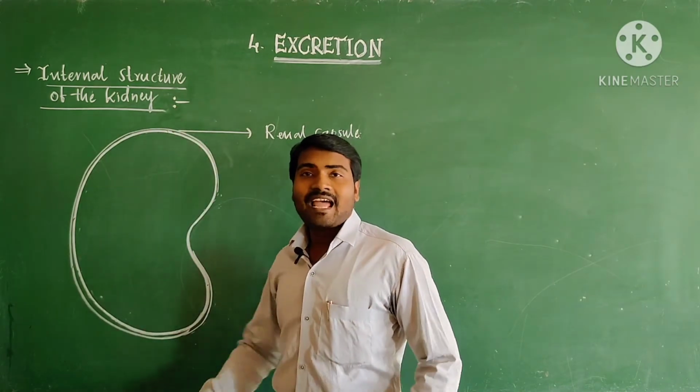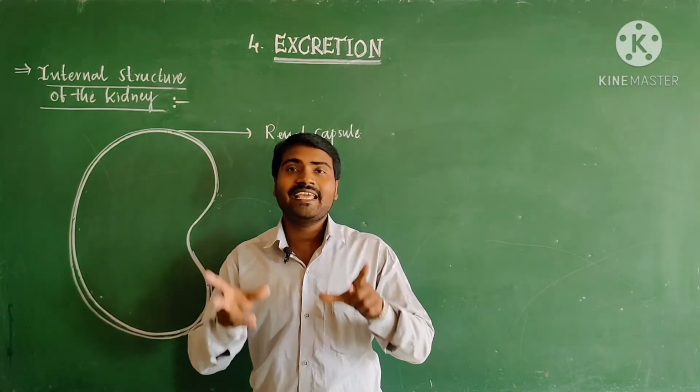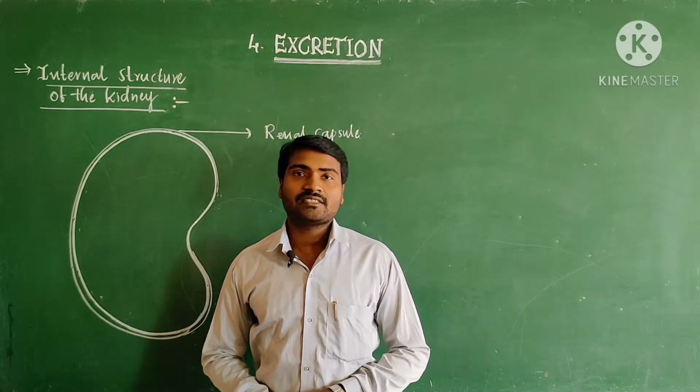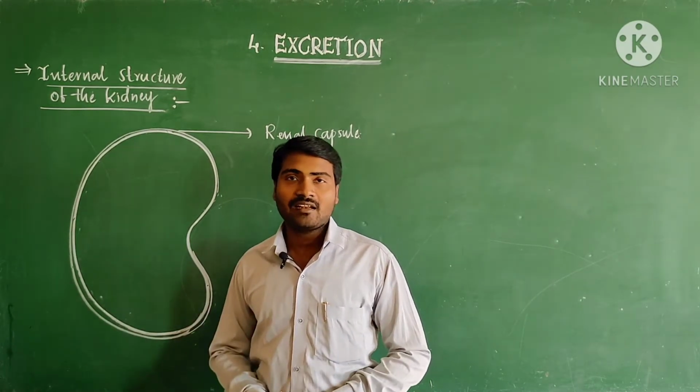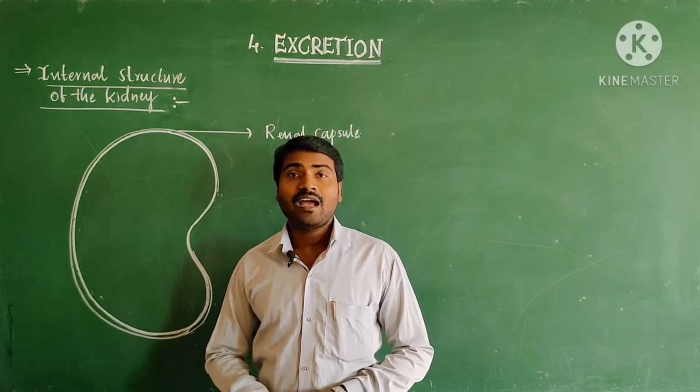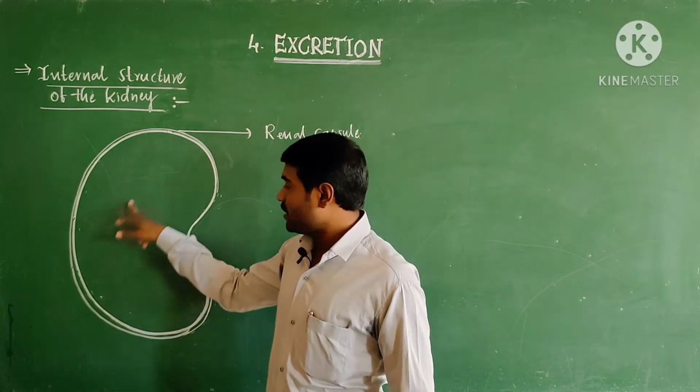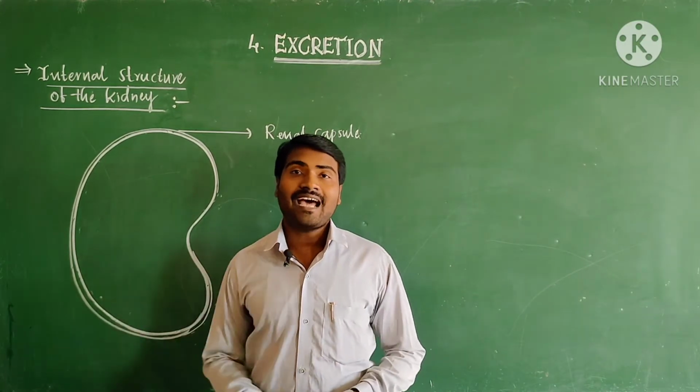When we take a longitudinal section, we can see two distinct regions. The outermost region, very light in color, is called the renal cortex, and the innermost region is dark in color.